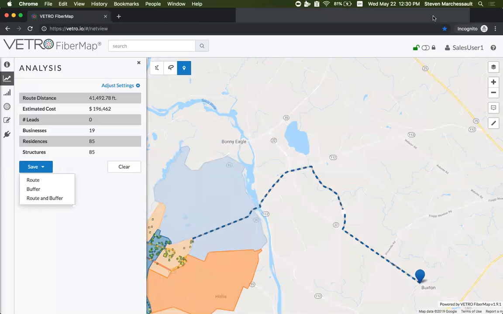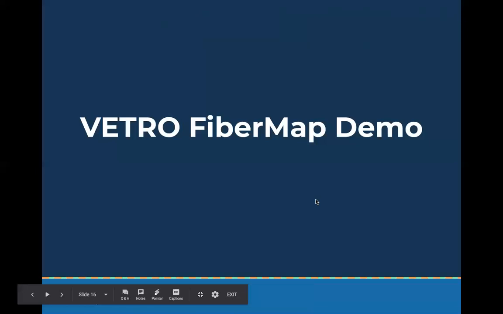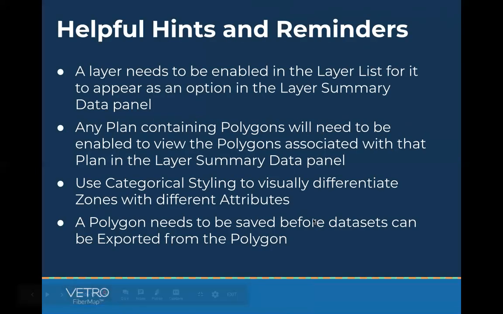And I'll open this window right here and resume. All right. So some helpful hints and reminders to kind of recap: a layer needs to be enabled in the layer list for it to appear as an option in the layer summary data panel. And the same is true for plans. So that's a thing to keep in mind if you're not seeing the data that you expect. We recommend using the categorical styling to visually differentiate the zones with the different attributes.